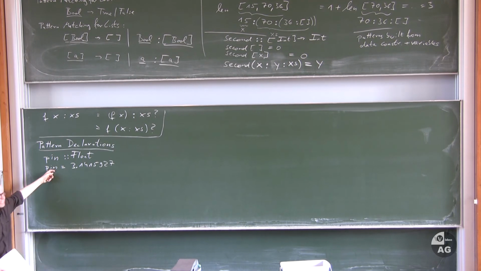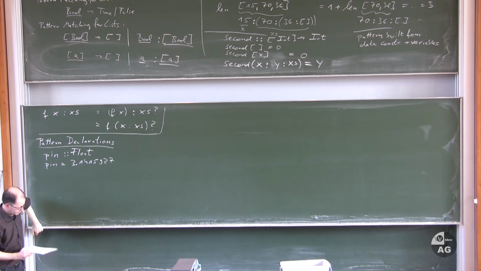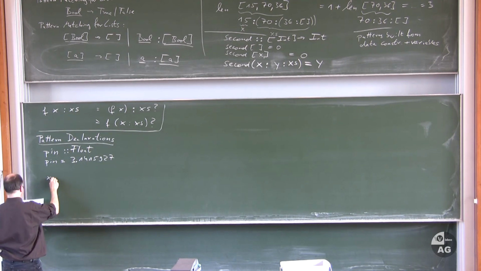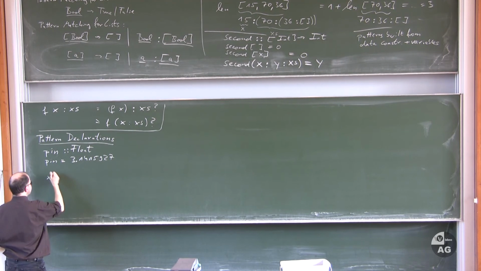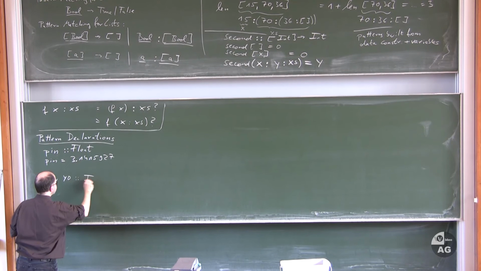This in particular is also a pattern because it's a variable. And patterns essentially are terms built from variables and data constructors. So you can write something like this. You can also write something like this. So let's say x0 and y0 are both integers.